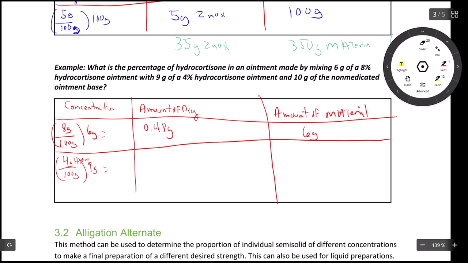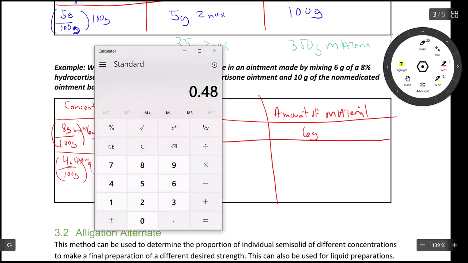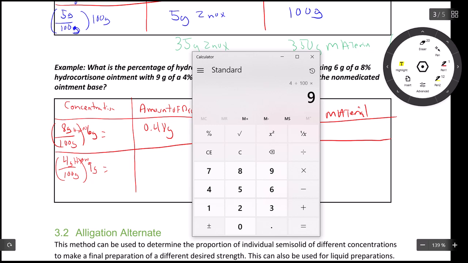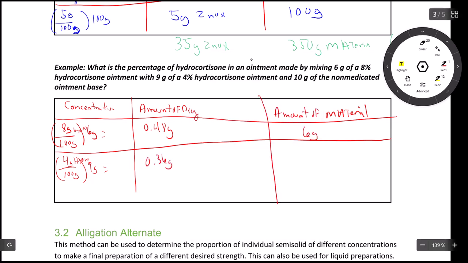Hydrocortisone. So we know that there's 4 grams of hydrocortisone every time we have 100. We want to do it times 9 grams. That gives us 0.36 grams of hydrocortisone. The amount of material, 9 grams.